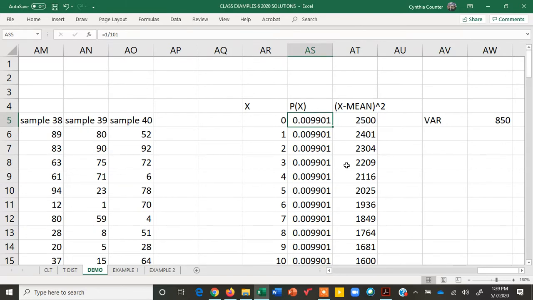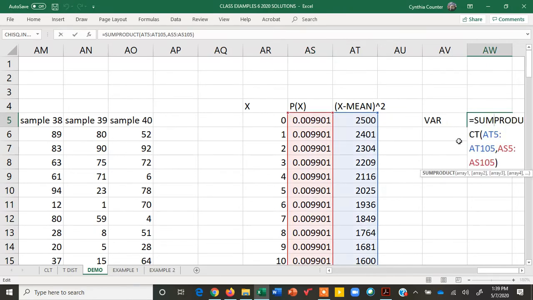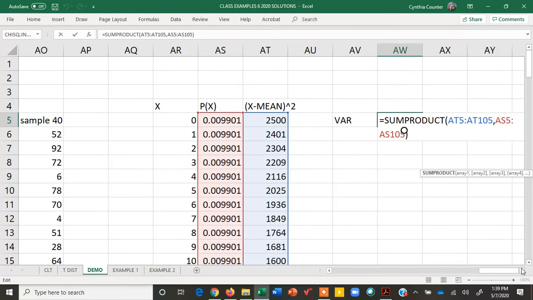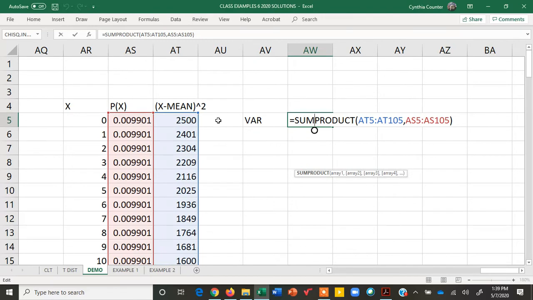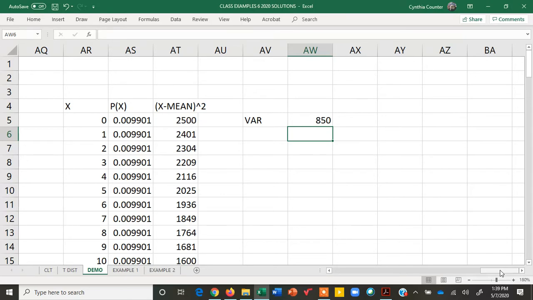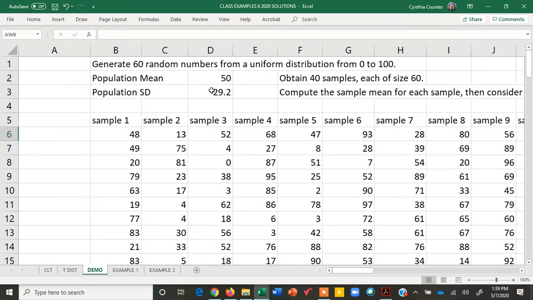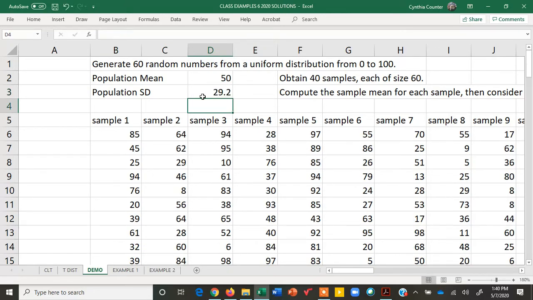In this case, they're all the same, so they're weighted all the same, and then add them all up to get the variance. So that's why you see here that the variance is the sum product, because it's a sum of the products of the squared differences and their corresponding probabilities. So that was the variance. And so the variance was 850, and the standard deviation is always the square root of the variance, so I took the square root of the variance to get a population standard deviation of 29.2.